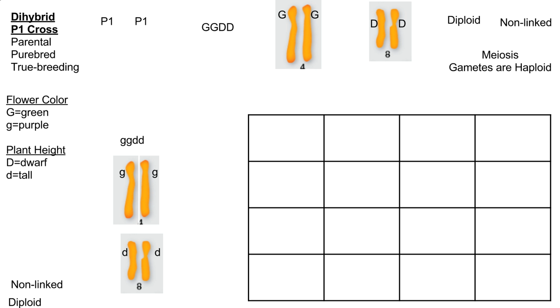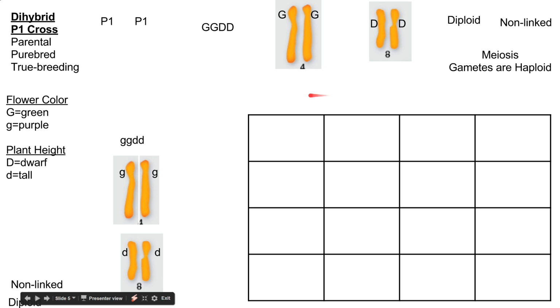So with meiosis, the gametes are haploid. And again, these are the full diploid parents. The idea behind a Punnett square is that inside the boxes would be the next generation and all of the possibilities of offspring. What we put around the outside are all of the possible gametes.